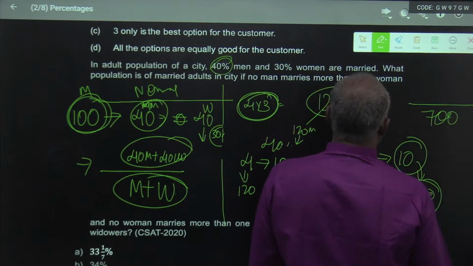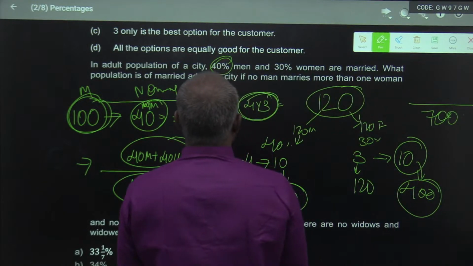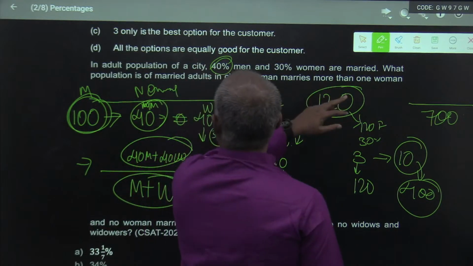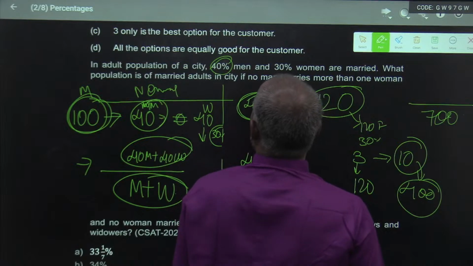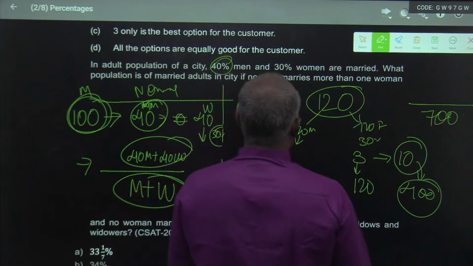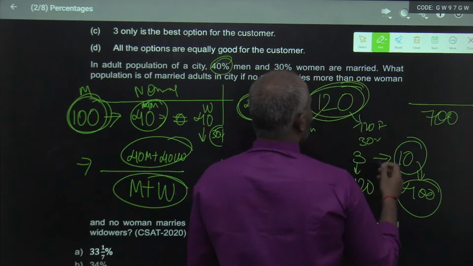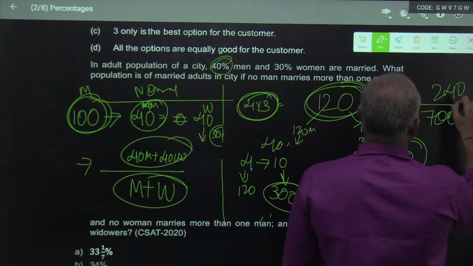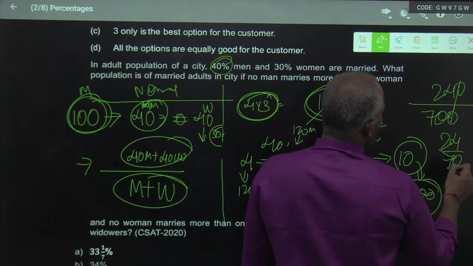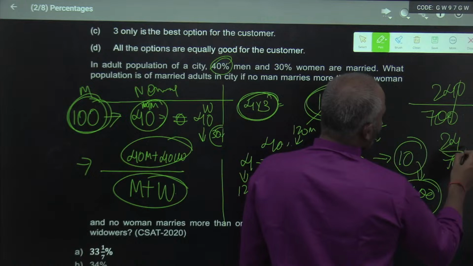What have they asked? What is the population of married adults? Married adults are 120 men and 120 women, so it is 240. So 240 by 700, into 100.